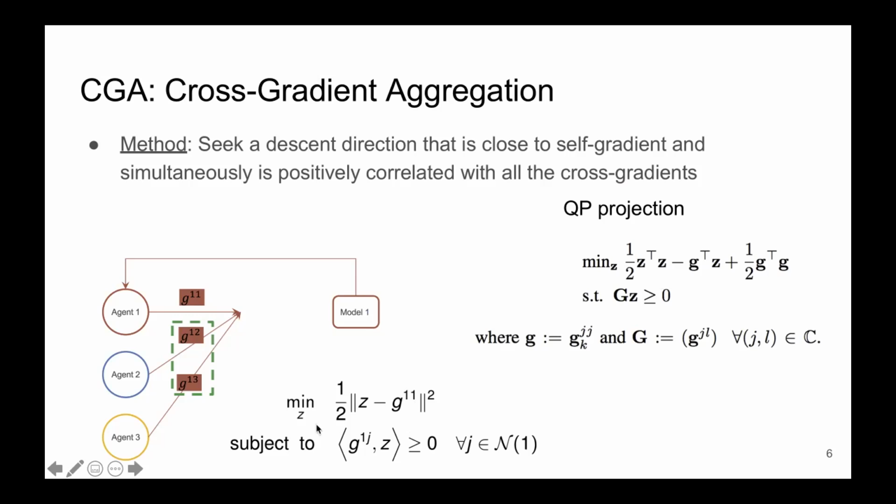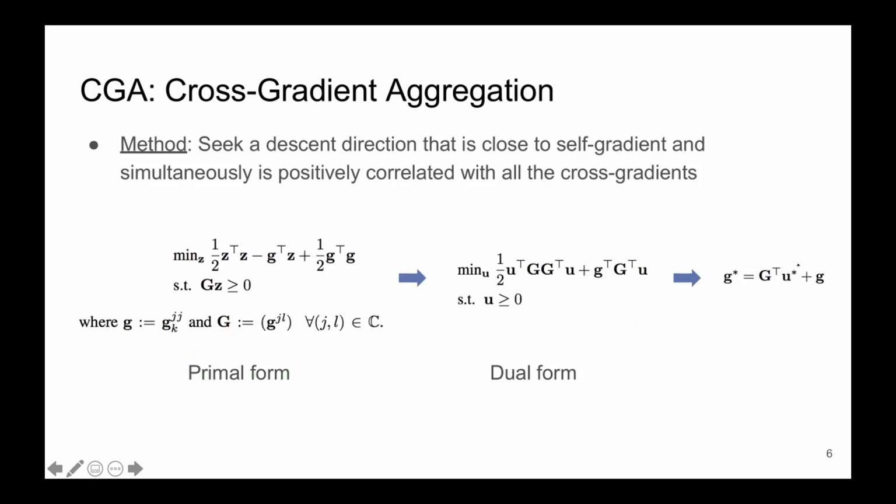Okay, so using this kind of QP projection, they can find a good descent direction here. Right? And how to solve this quadratic programming? This is the primal form. They try to find a dual formulation of this QP, and we got this formula, which is more efficient from the computational point of view.